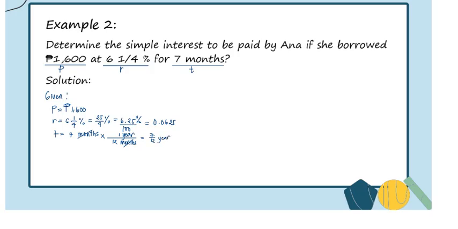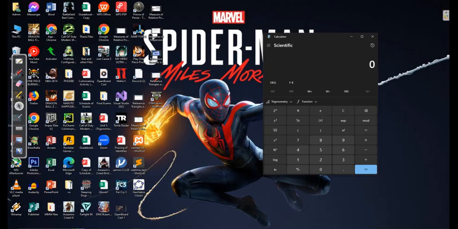And then, what's the value nung 7 divided by 12? That would be our value expressed in years. So as you can see, we have 0.58333. This is a non-terminating decimal. So we could just settle for 4 decimal places. That would work. But if you have a calculator that would allow everything to be used, then that would be good because you would get the exact value.